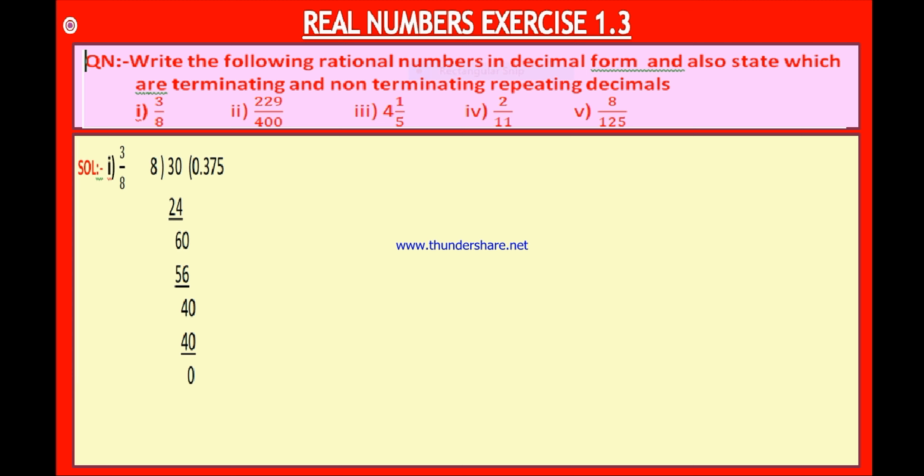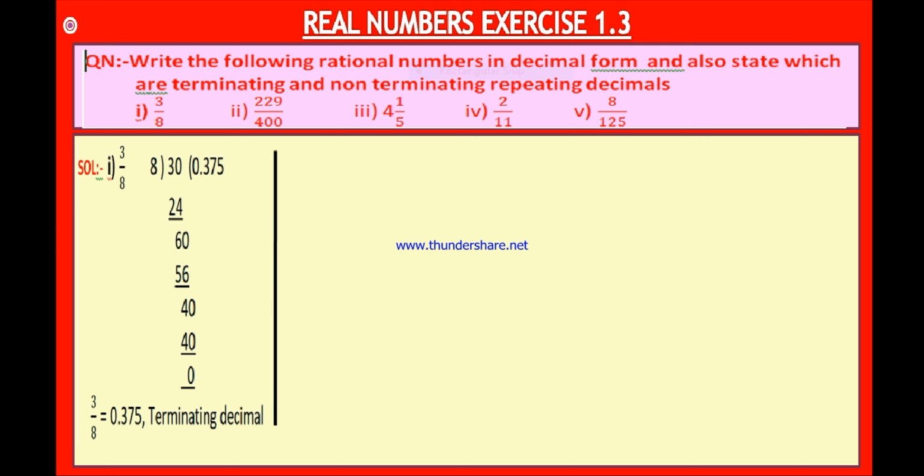Therefore, 3 by 8, the quotient is 0.375. If you divide 3 by 8, you get 0.375. We know that 0.375 is a terminating decimal.